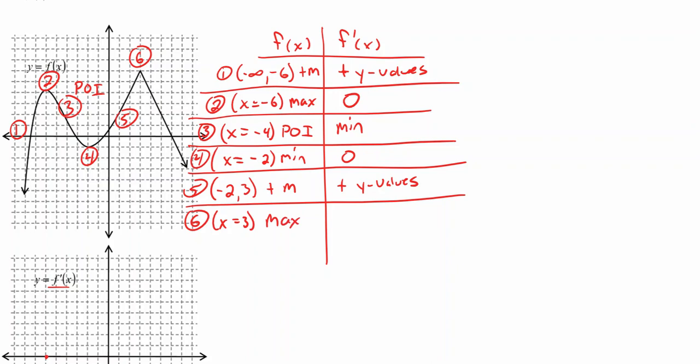But what's really happening there? It's a sharp corner. This is going to be, does not exist. And then 7. So 7 will be from here. This would be from 3 to infinity. We have negative m values. Okay, so these would be negative y values.